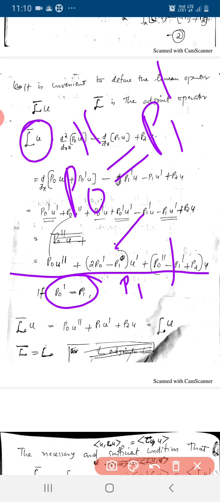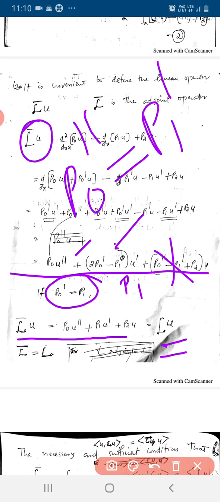So this will go, and we have L adjoint u equal to p0 u double prime plus p1 u prime plus p2 u, which is Lu itself.